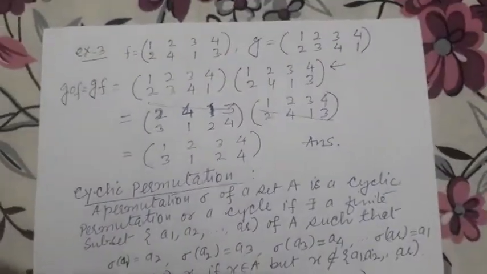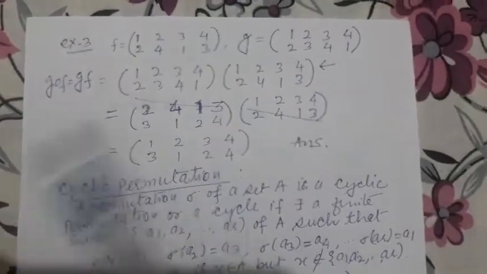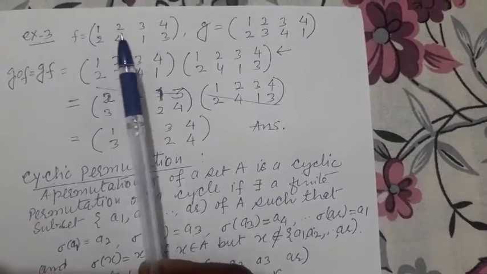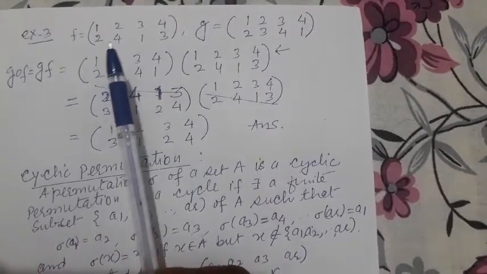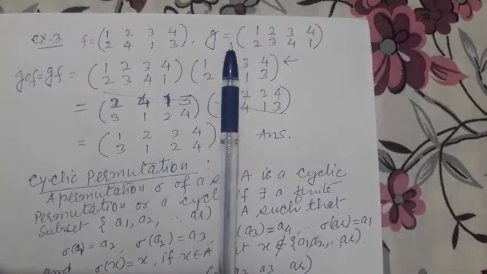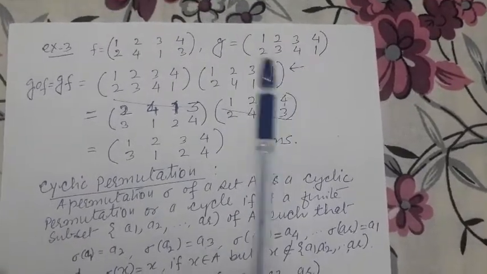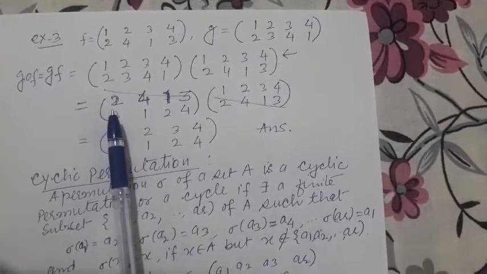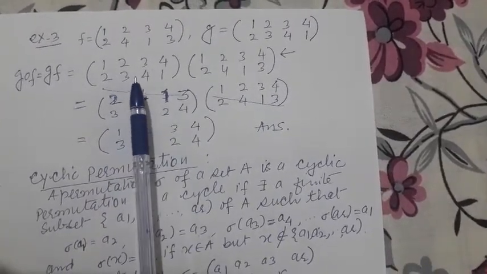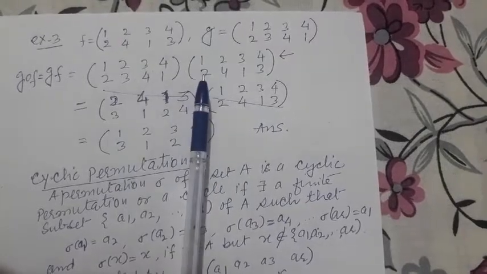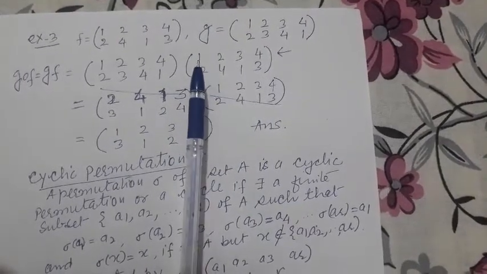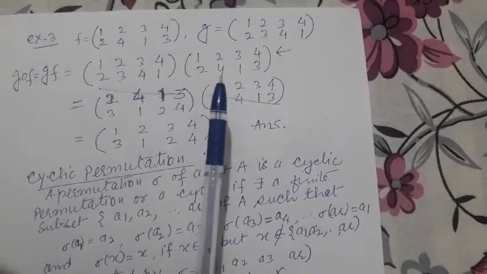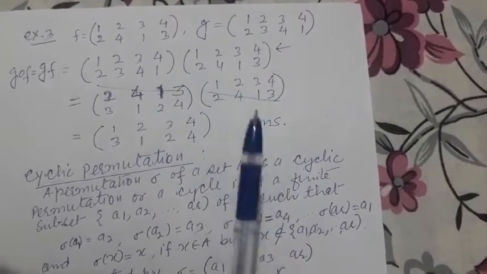Now again, another example. f is 1, 2, 3, 4 with images 2, 4, 1, 3, and g is this one. Then g composite f, it means gf. We write g, then f. Then 1, 2, 3, 4 can be written the same, and 2, 4, 1, 3 will remain the same.